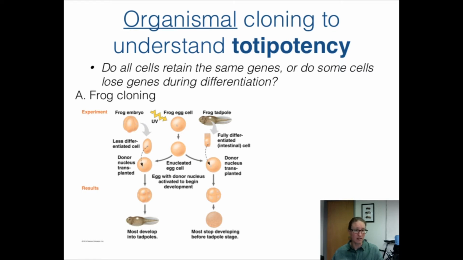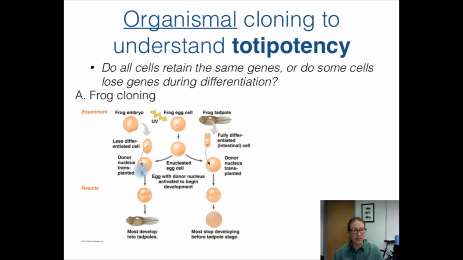Or are there some cells that actually lose genes over the course of differentiation? So the way to get to the bottom of that is to take a nucleus from a mature cell and then transplant it into an embryonic cell, so a cell early in development, and then observe the developmental outcome.